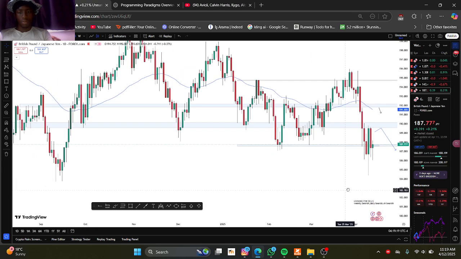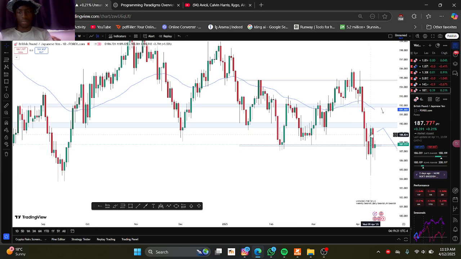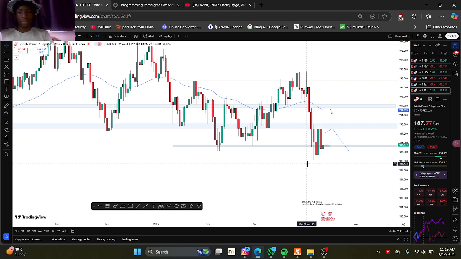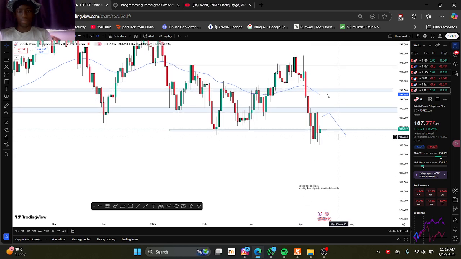But it was also a nice trade. You can see a nice retest, nice push to the downside. So it might even continue pushing down. Yeah, but for now, no longer interested in these pairs.